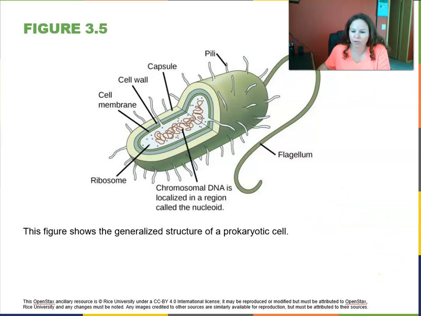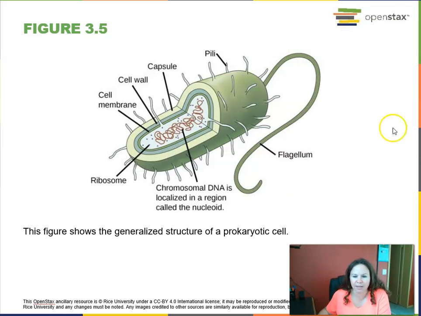Here's a typical picture of what a prokaryote looks like. This one actually has a flagella, or singular flagellum. Here's the DNA floating in the cytoplasm. That would be the nucleoid region. Then we also have lines that point to the inner cell membrane made out of the lipid bilayer, the cell wall for extra protection, and then even the capsule that's around it.